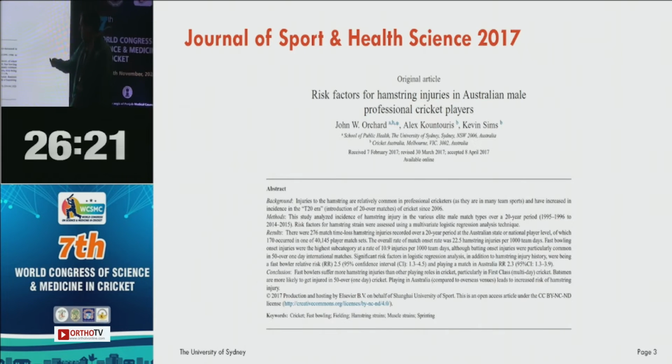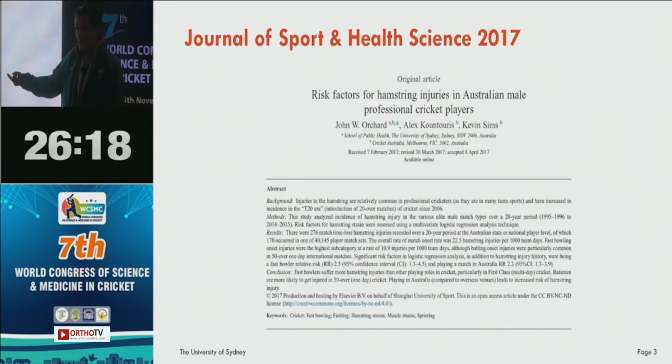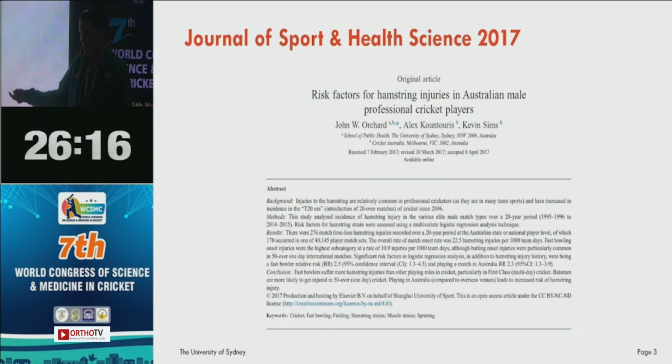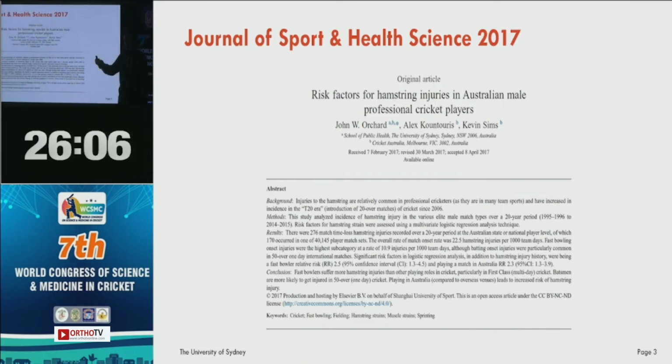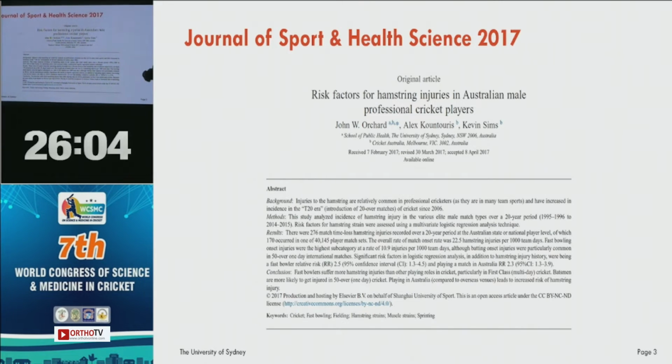So the playing position most likely to get a hamstring strain is fast bowlers overall, and they particularly get hamstring strains in 4-day cricket or 5-day cricket through the fatiguing elements of having to repeat efforts over an extended period.